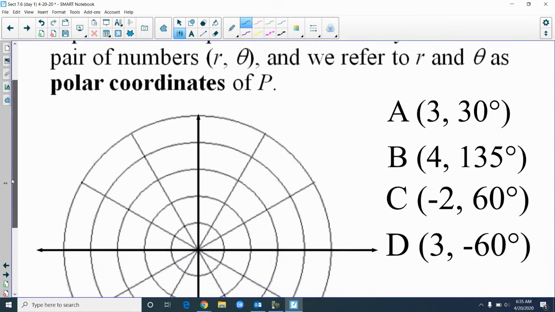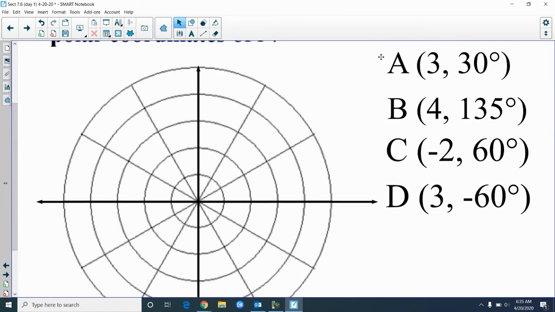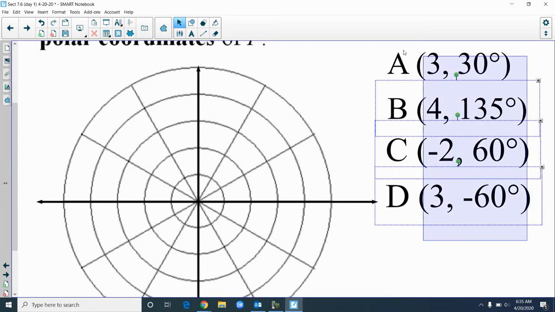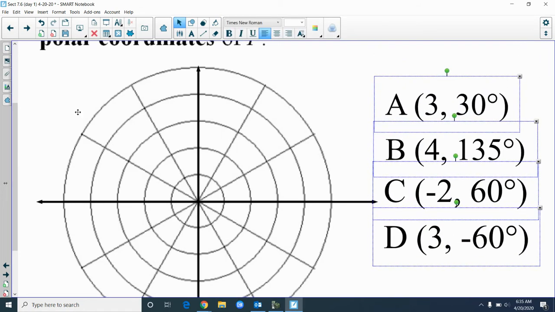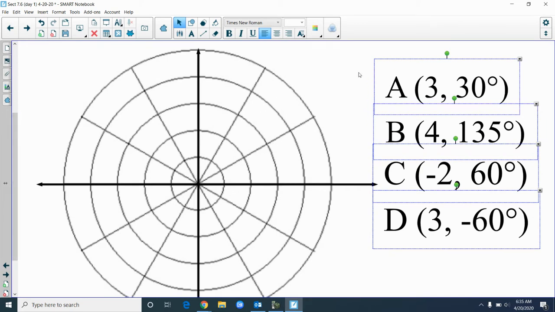Now, to help graph, this is a polar graph. As you see here, this spider web looking deal is a polar graph. And here's how it works.